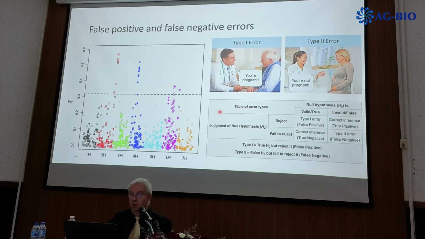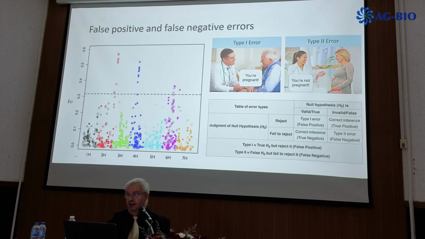So you always have something in your mind: a type 1 error. That means that you can ask a person like me, and the doctor says you are pregnant, then it is quite likely that the doctor makes a mistake, right? It is a false negative.